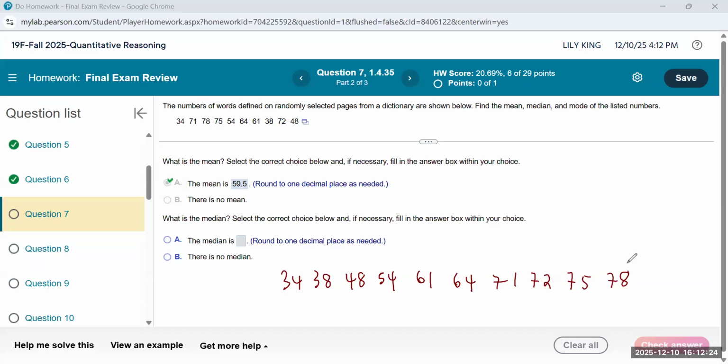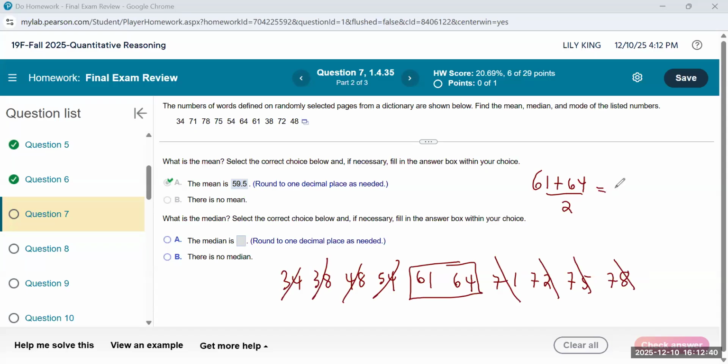Now that we have them in ascending order, we have to cross off the highs and the lows. The median is going to be the average of the two middle numbers, so you add the two middle numbers and divide by 2. This is 125 divided by 2, and that is 62.5.